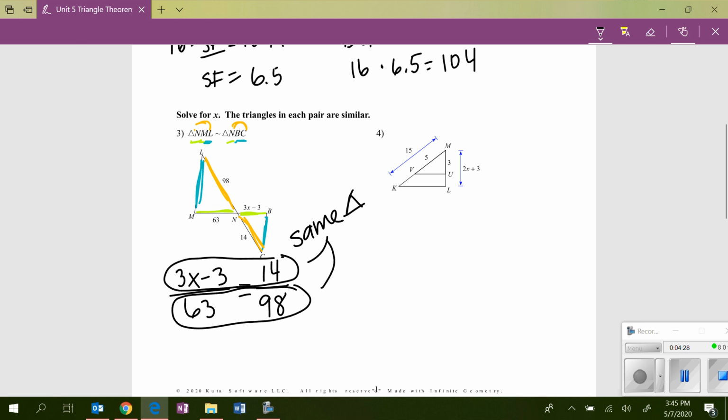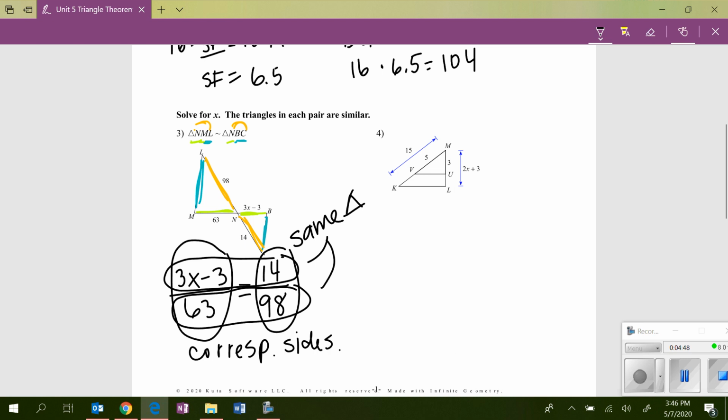And as separate fractions by themselves, like this, these are the corresponding sides. So remember that those things have to match up either by fraction or by row.